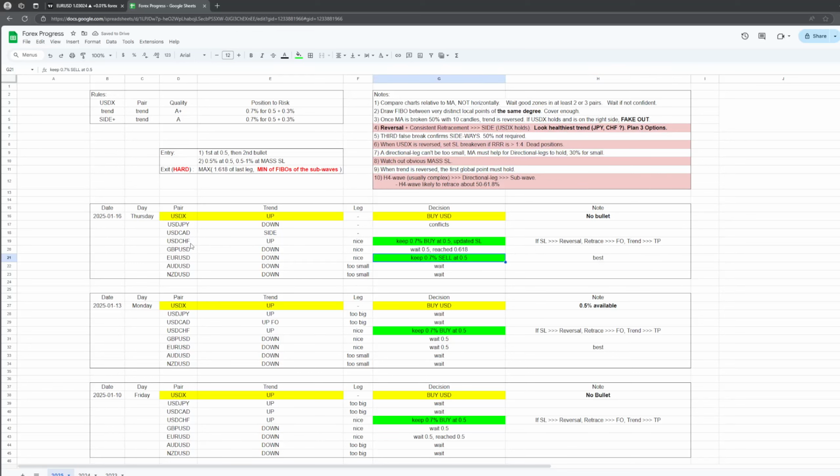So I updated my stop loss at the USD Schweizer franc position. Now it's currently about the break even, 0.1% or something like that, not that significant. And on the Euro USD, I sold an extra 0.7%, which is a perfect execution of our trading system.